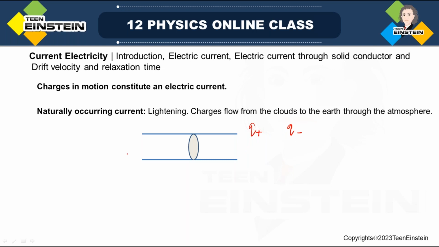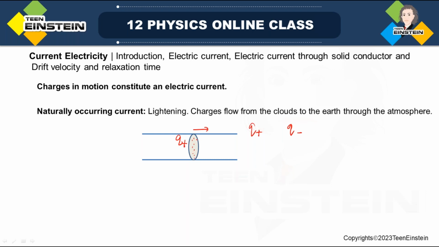I'm writing Q negative. If I take a cross section which is perpendicular to the flow of the charges, charge can flow randomly in any direction.